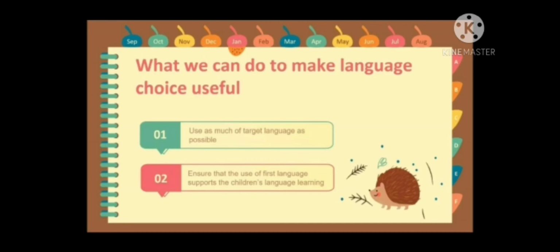Research shows that teachers used the target language as the most common language in their teaching, although the first language was also used. The second is to ensure that the use of first language supports the children's language learning. The teacher may use concrete strategies to support children's language development in both English and their home language.